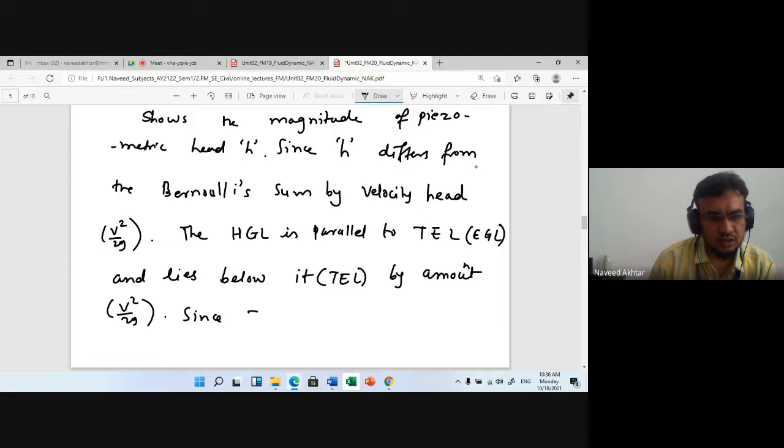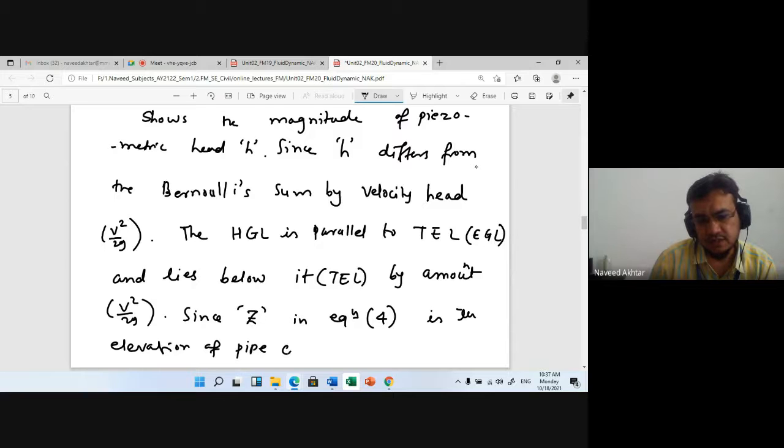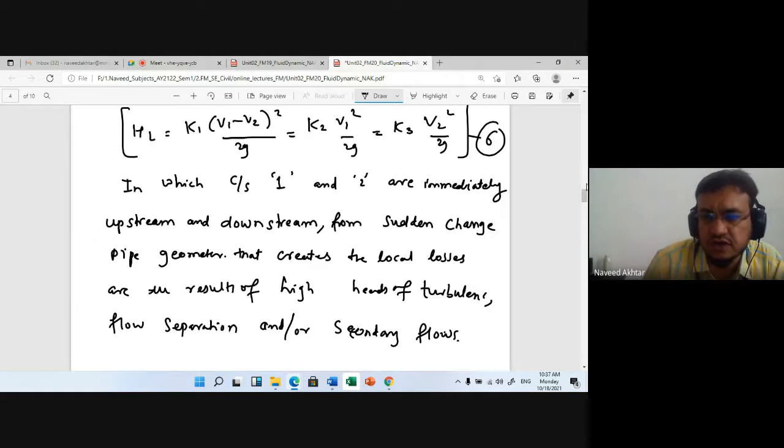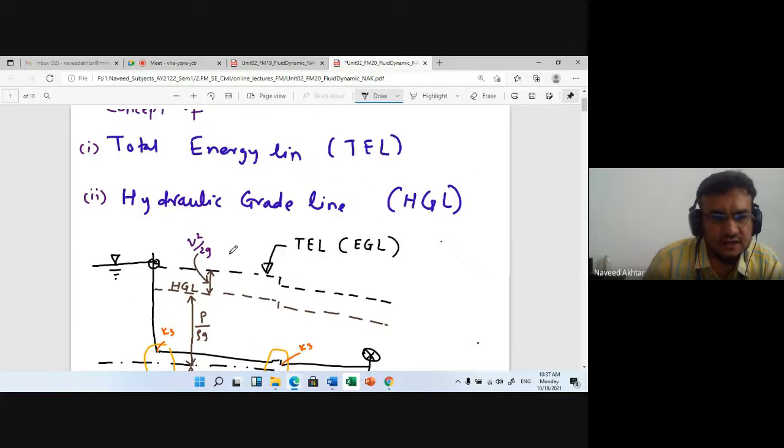Since Z in equation number 4 is the elevation of the pipe center line, from the figure, we can say this is figure 1, showing the hydraulic grade line and the total energy line.